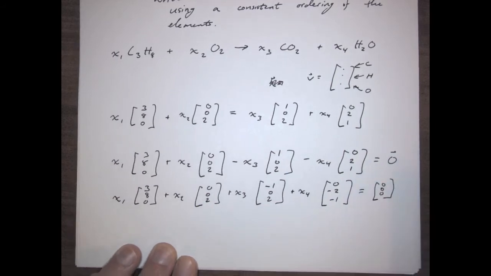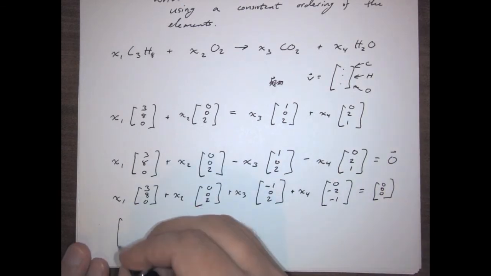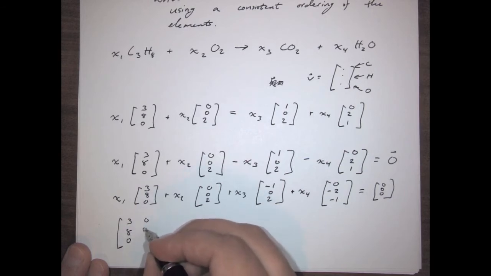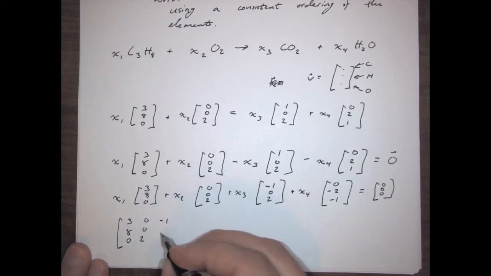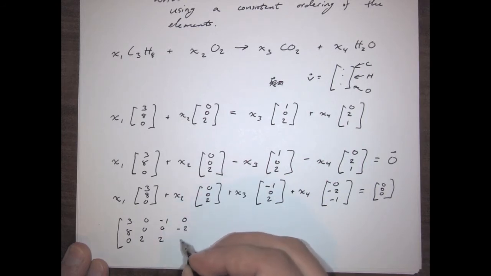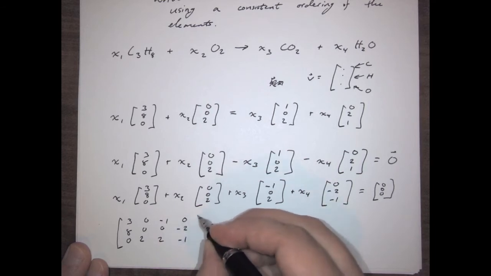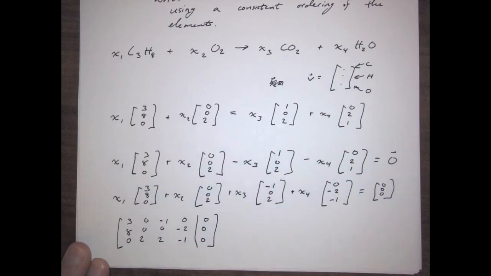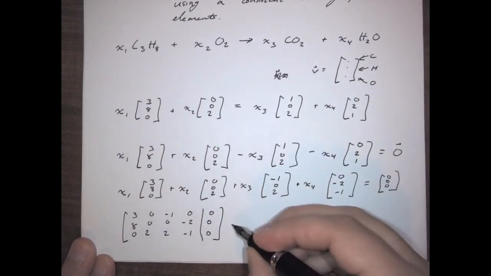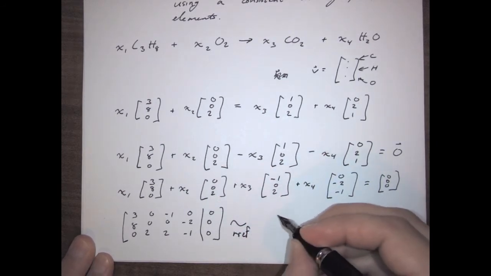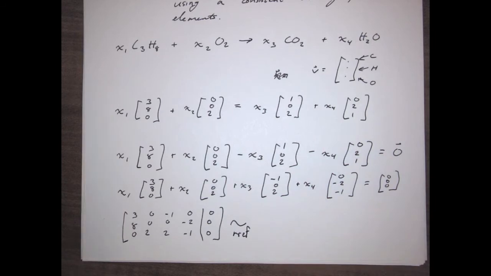And so then essentially the goal would be to just write it as a matrix: 3, 8, 0, 0, 0, 2, negative 1, 0, 2, 0, negative 2, negative 1, 0, 0, 0. And we can just row reduce this, RREF, to get whatever the answer is going to be.